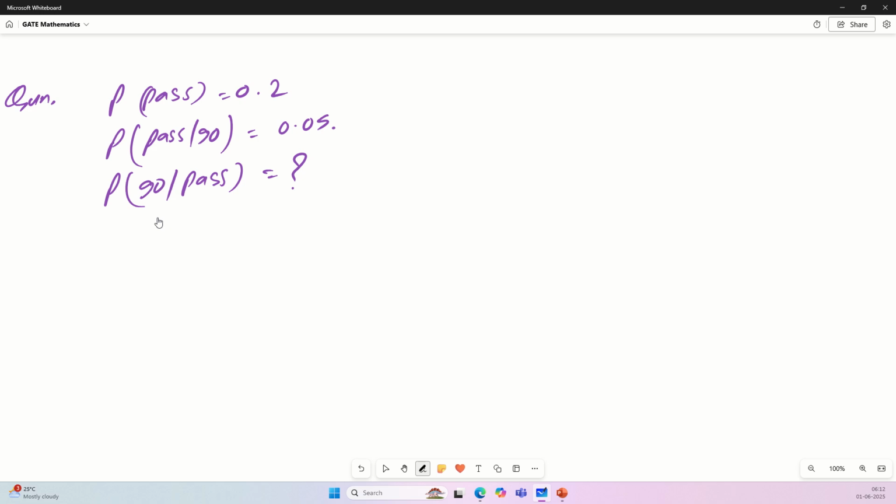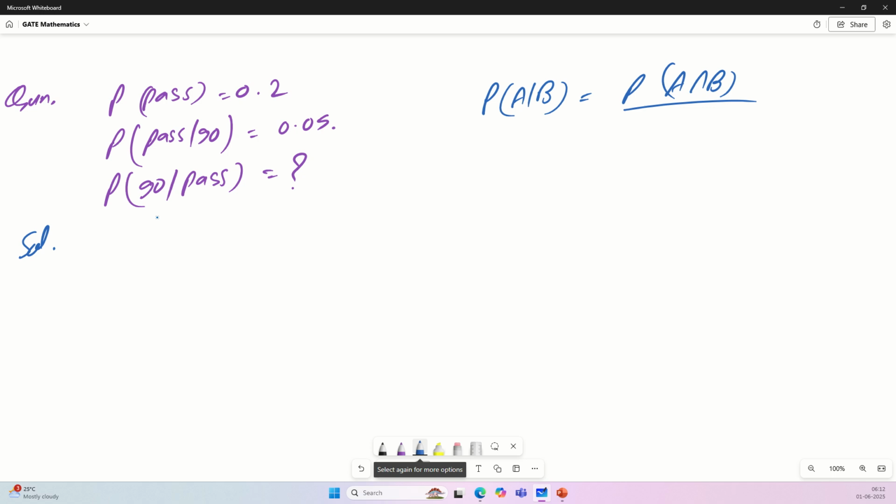If we try to solve this question, it's very easy. It is conditional probability, right? So you know already that probability of A given B is equal to probability of A intersection B divided by probability of B, right?